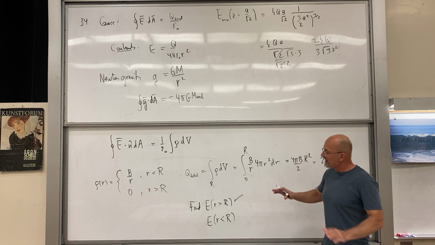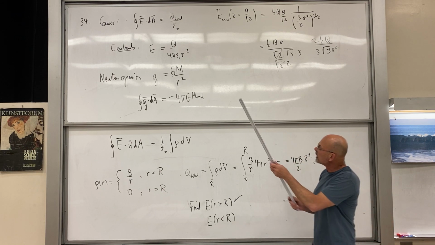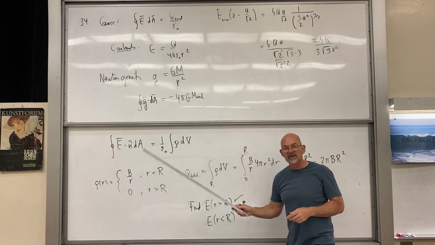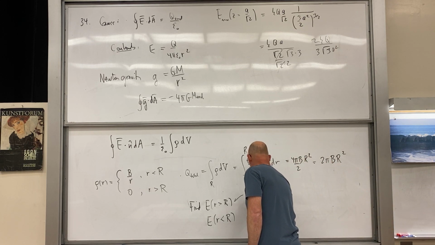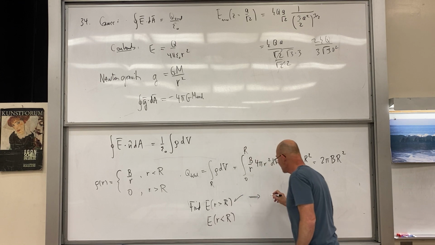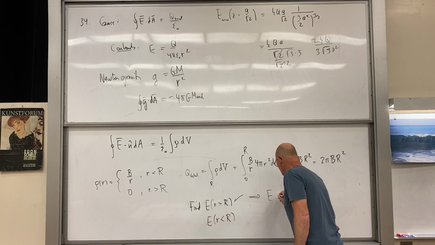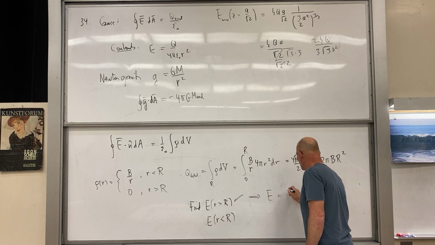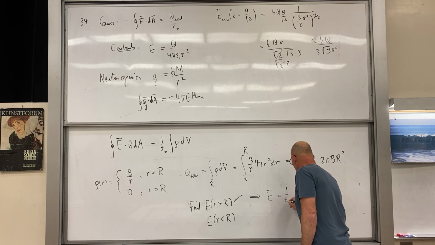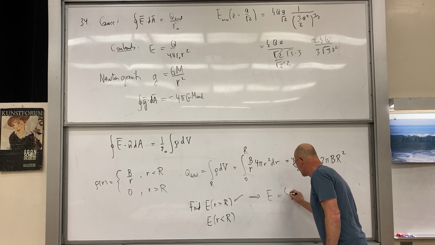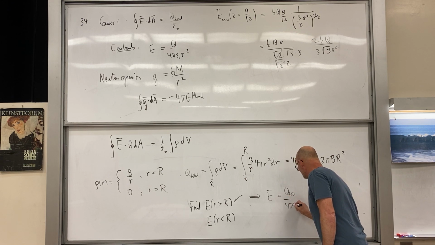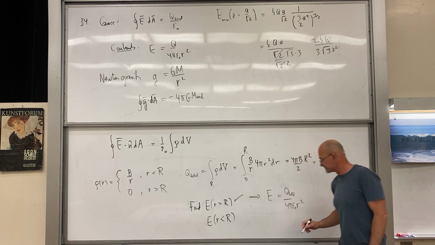If you're outside of the object, it's just Q total divided by 4 pi epsilon naught r squared.